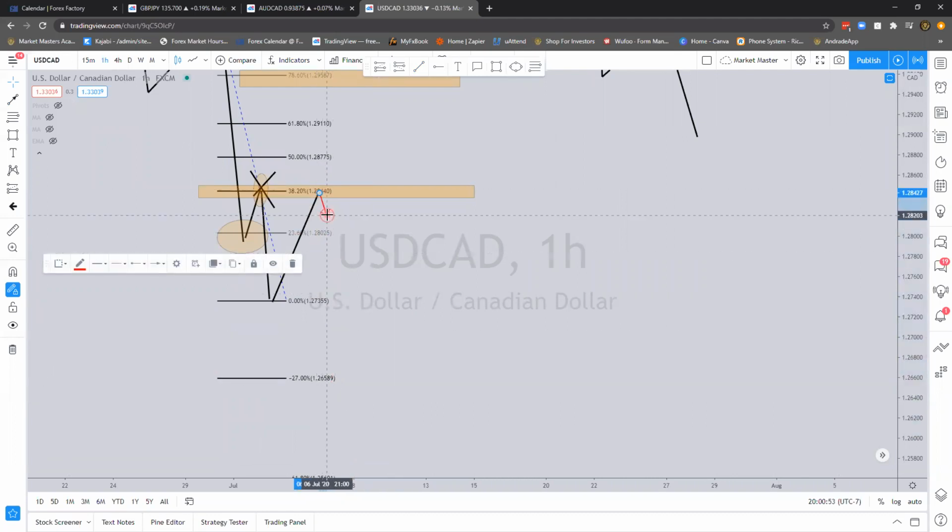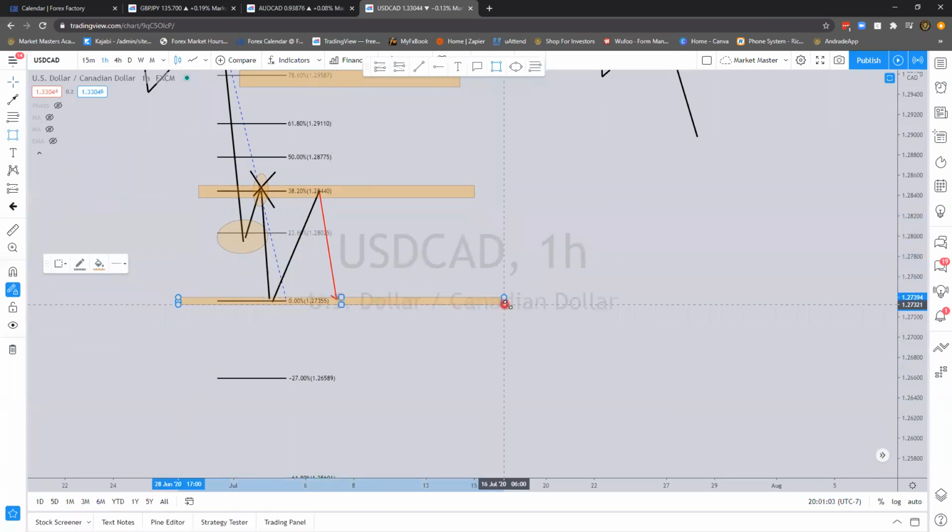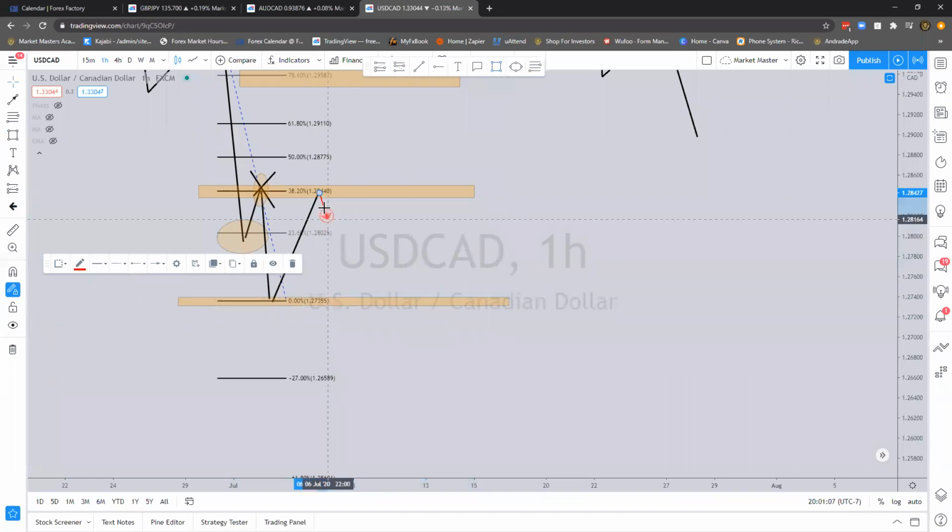Now let's say it hits 38.2 and it's an aggressive reversal, the 0, or this bottom of the fib, is a support area, so it's a strong area where price is most likely going to hit. You're most likely going to win this trade once it comes down and hits here.